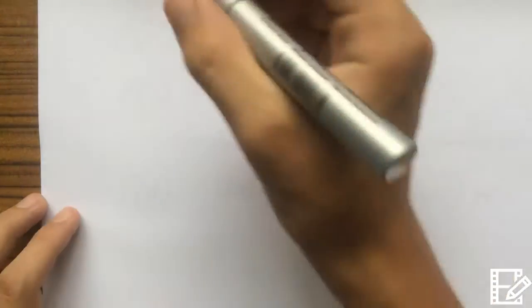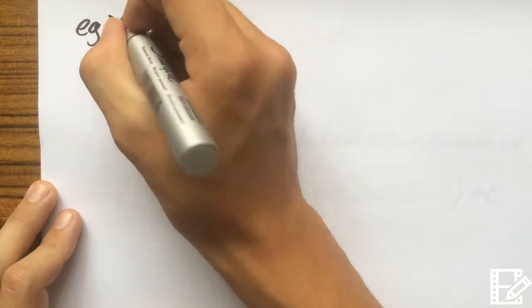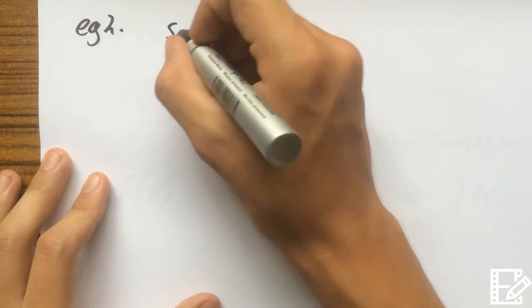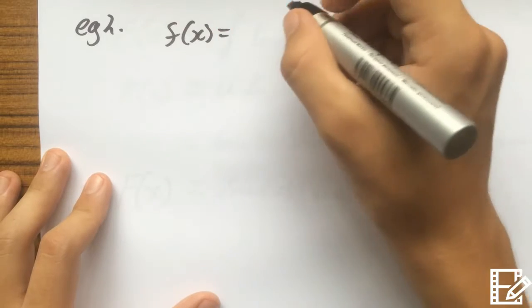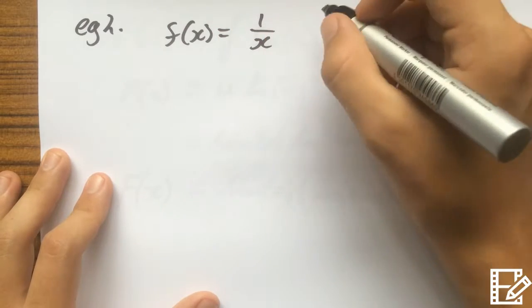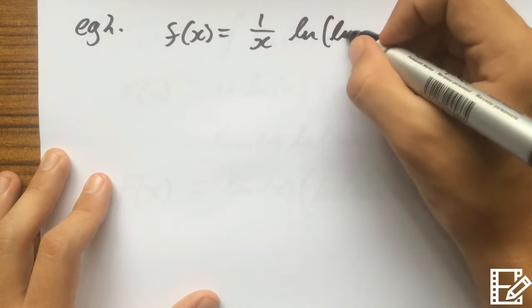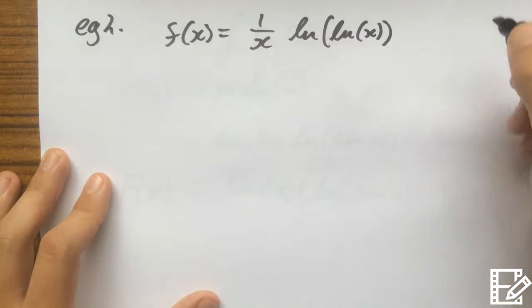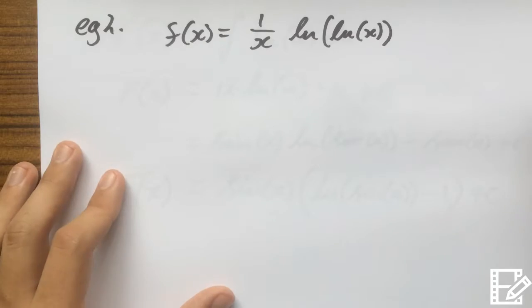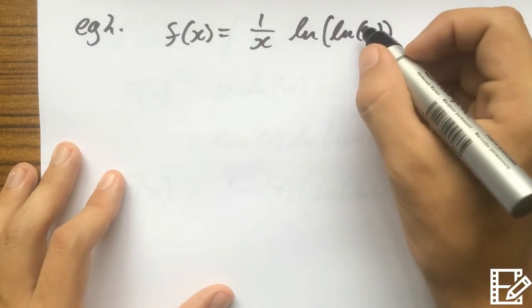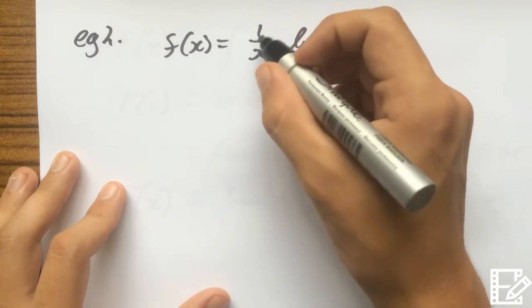Let's do our second example. Second example, we have our function, and it equals 1 over x multiplied by ln of ln of x. Okay. Now, if we were to derive this, will we get something similar or something to help us get rid of that?